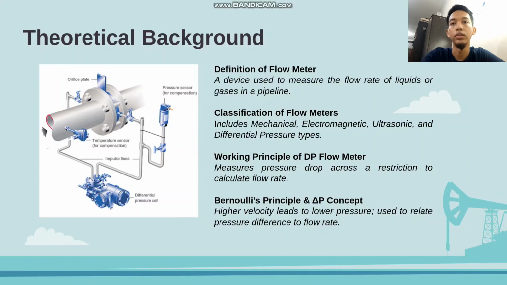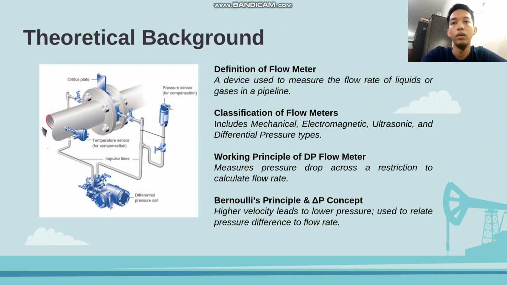Now let's look at the theoretical background. A flow meter is a device used to measure how much liquid or gas moves through a pipeline. There are many types of flow meters. Some examples are mechanical, electromagnetic, ultrasonic, and differential pressure flow meters.